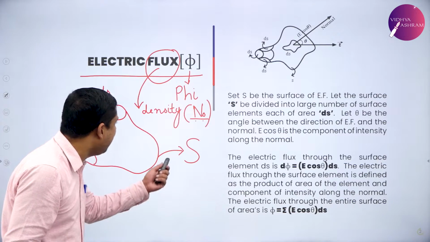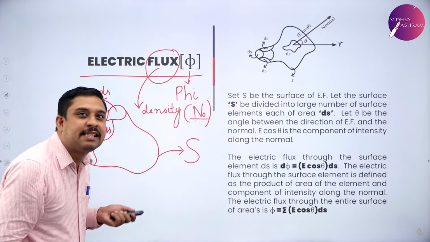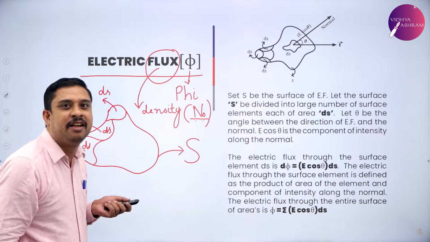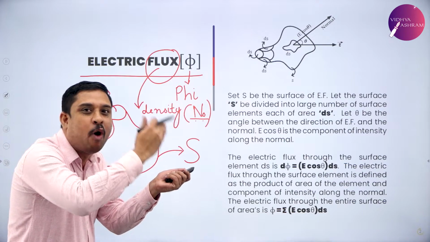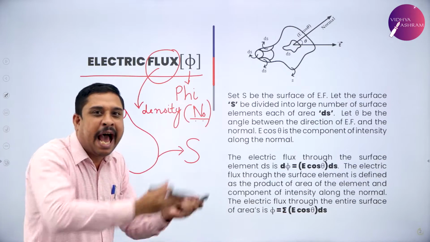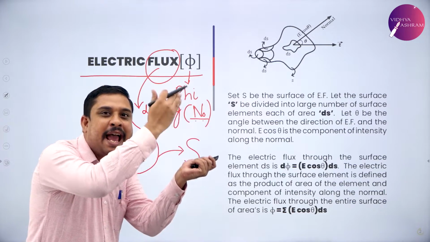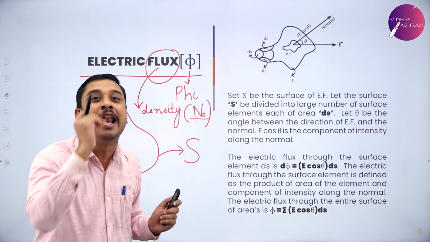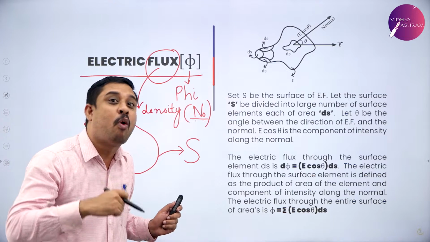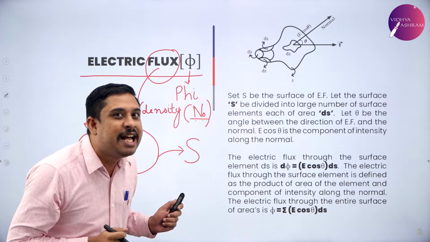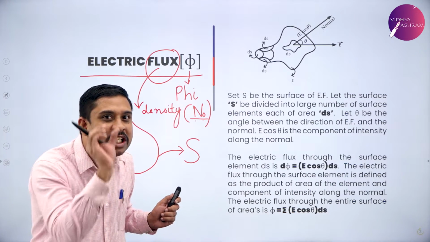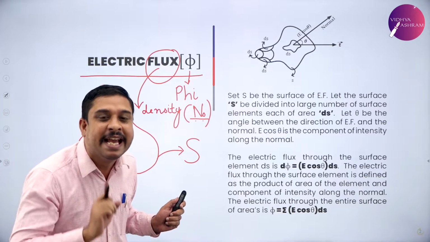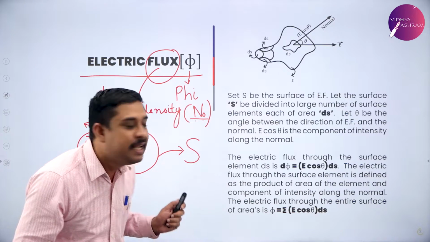So what have I done? I had a surface of the electric field. I have broken down the electric field, resolved it into smaller regions, smaller parts. And what do we call a small region, a small part? Generally an element.